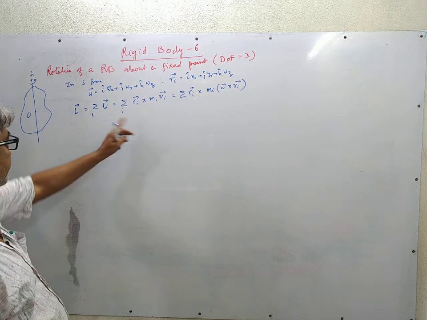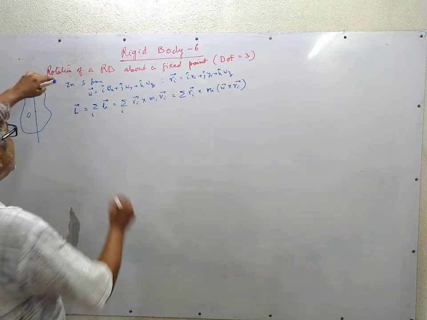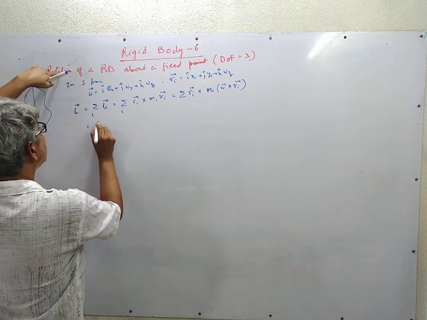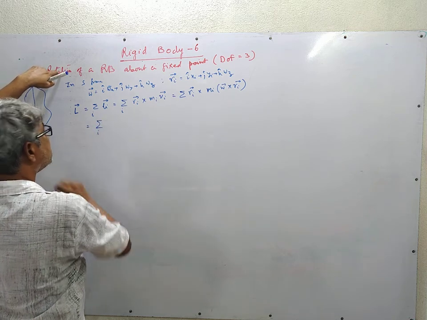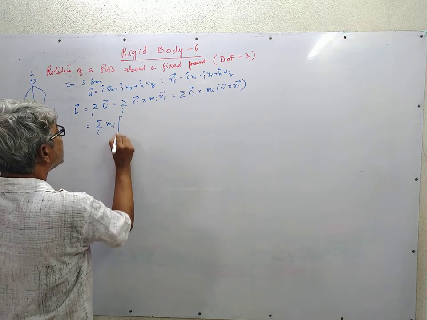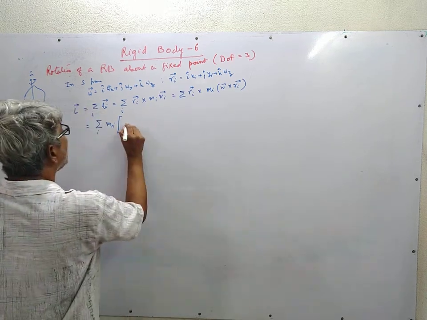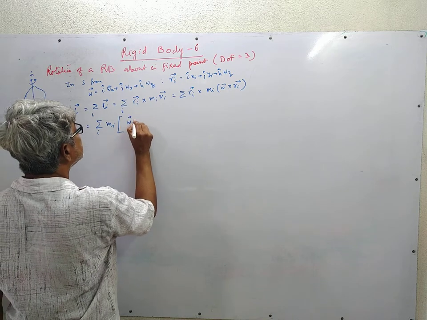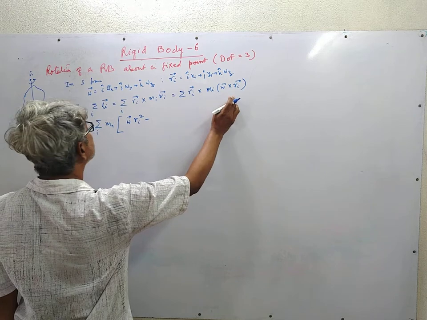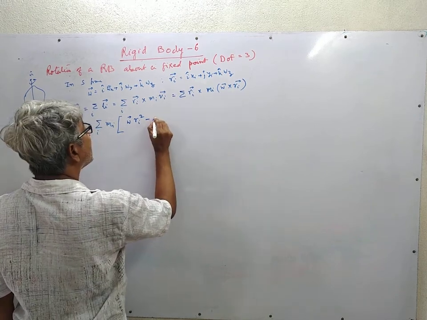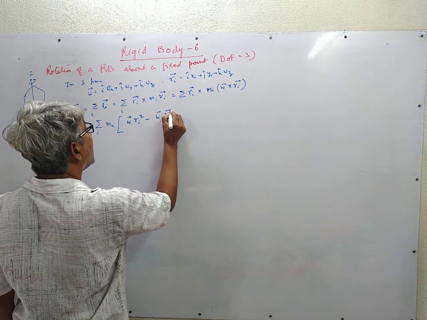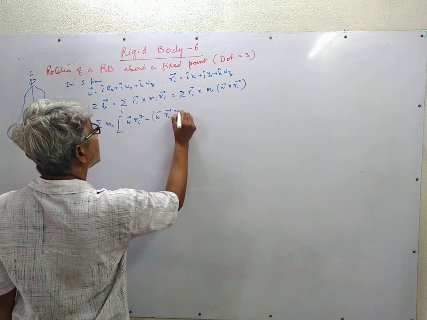So this is written as summation over i of mi, omega times Ri square minus omega dot Ri times Ri.